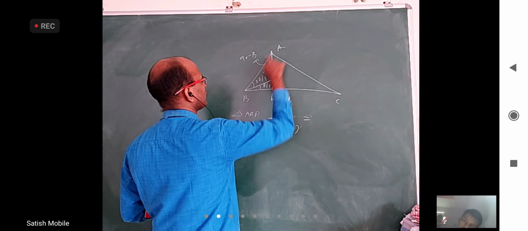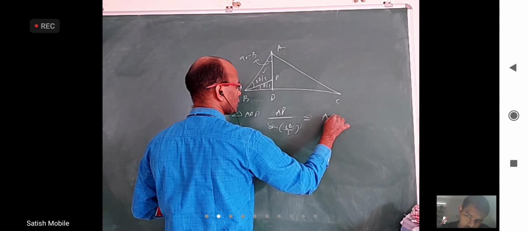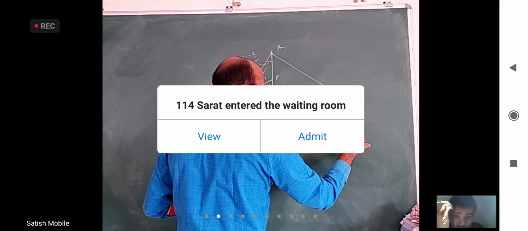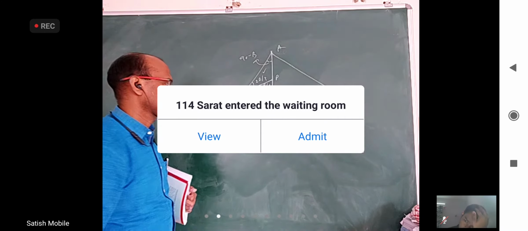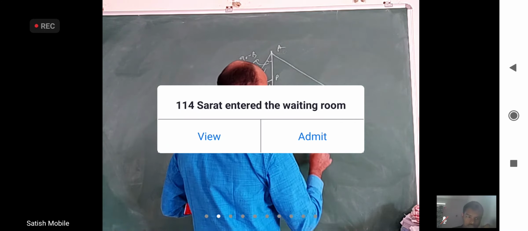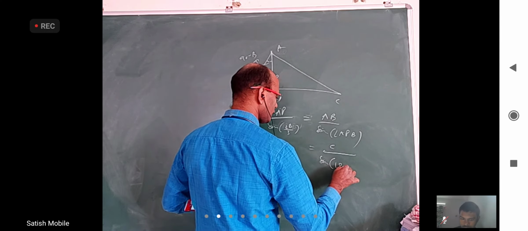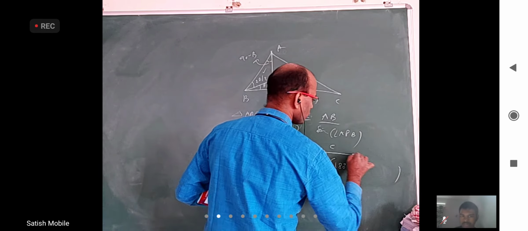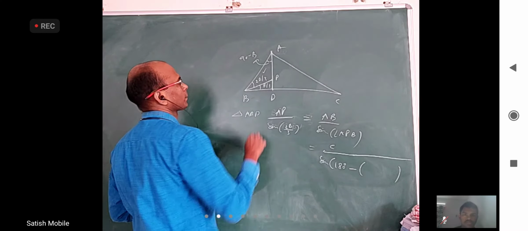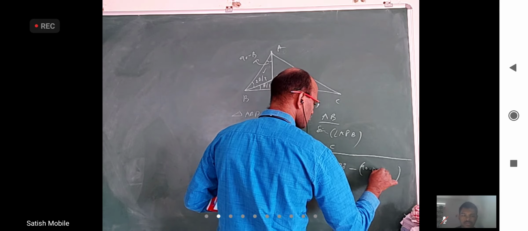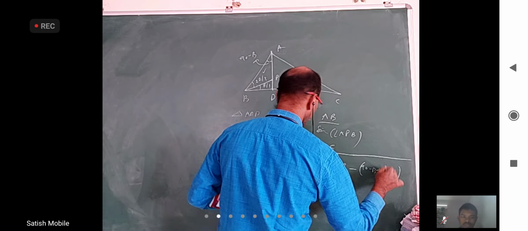And AB by opposite angle is sine of angle APB. Okay, but this is small c. What is angle APB? From 180 degrees, I have to remove this angle and this angle, which is 90 minus B plus 2B by 3.